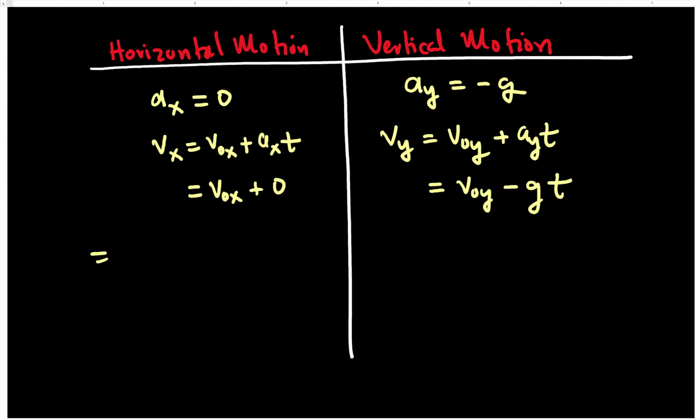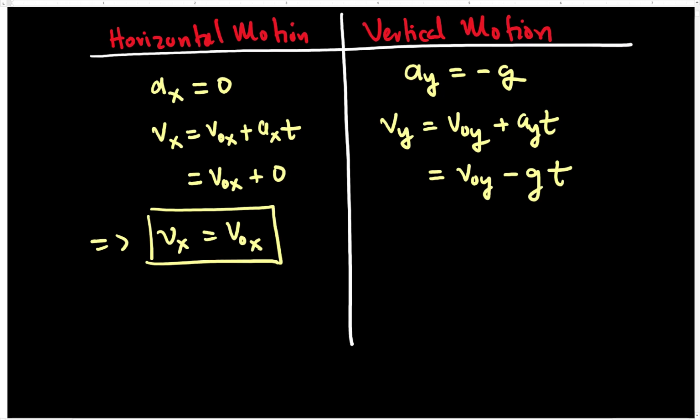So this means that Vx is equal to Vox. This is not surprising because the horizontal acceleration is 0. It basically means that the velocity in the horizontal direction will remain constant. And right here, Vy is equal to Voy minus GT.